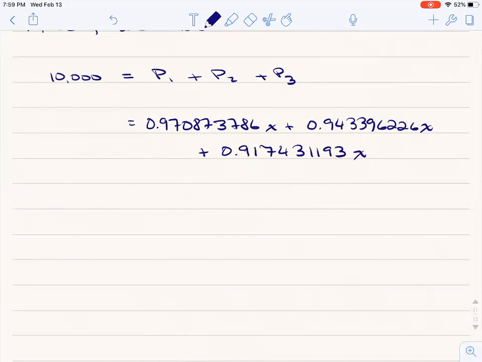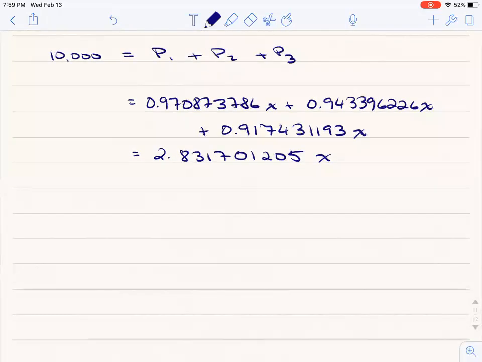So we've got X, X, and X. We can collect like terms by just adding up the coefficients. And so we get 2.8317012005X. This is all equal to 10,000.